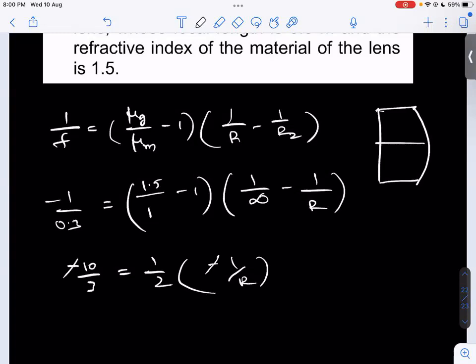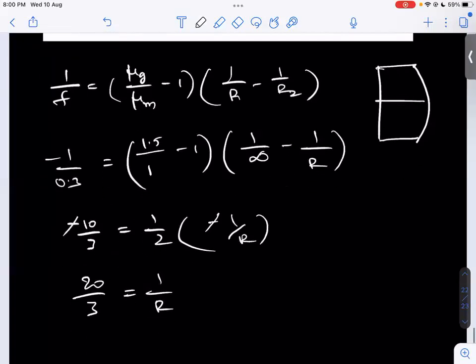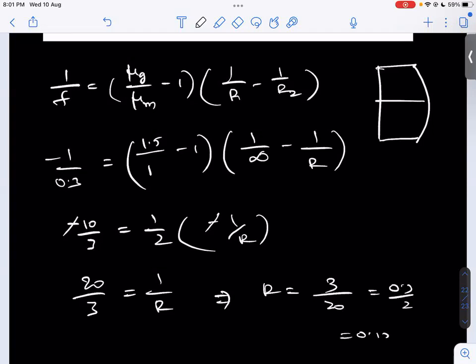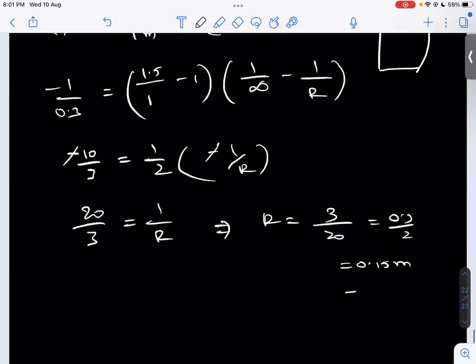So minus and minus will get cancelled. 20 by 3. 3 by 20, correct? Which implies r is equal to 3 by 20 or 0.3 divided by 2 or 0.15 meter, which is also equal to 15 centimeters.